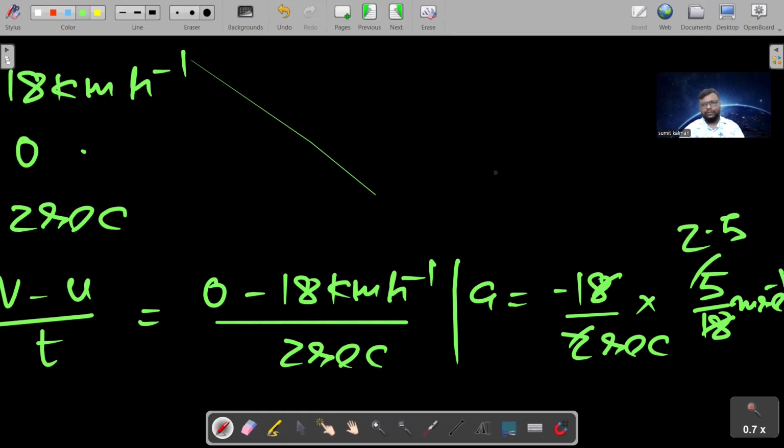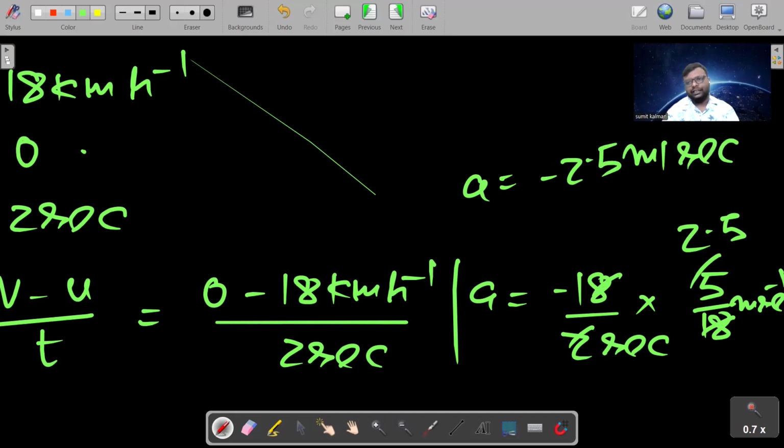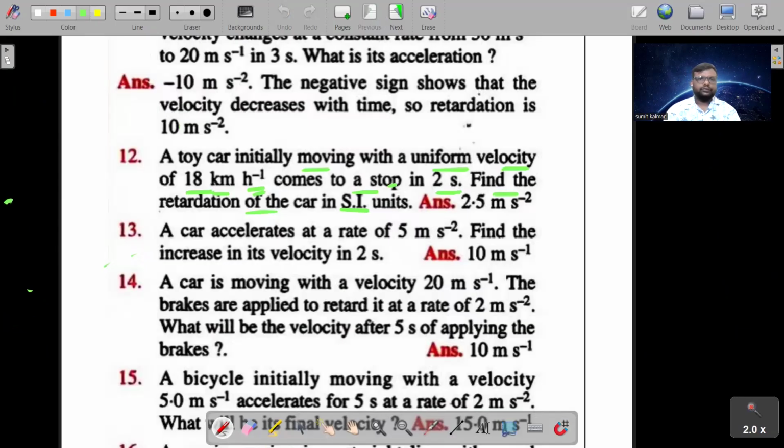So your acceleration will be minus 2.5 meter per second square. This is your retardation, negative acceleration. So in this way, you have to solve the problem.